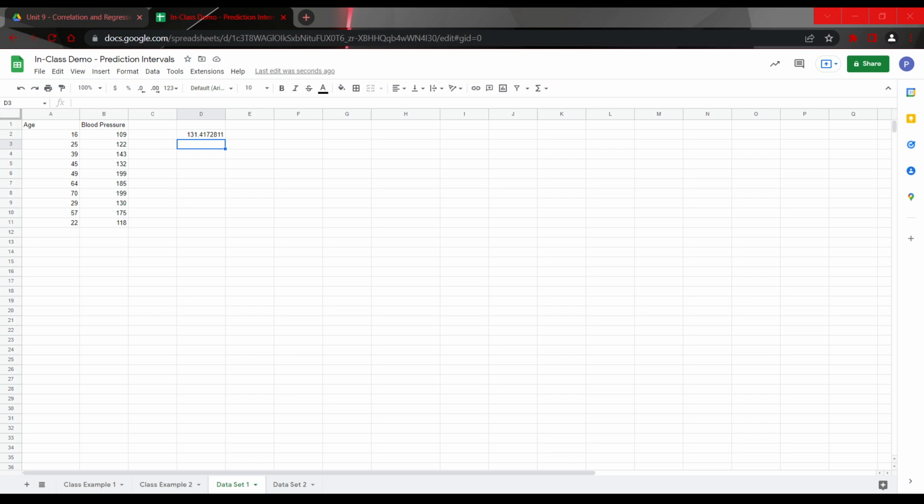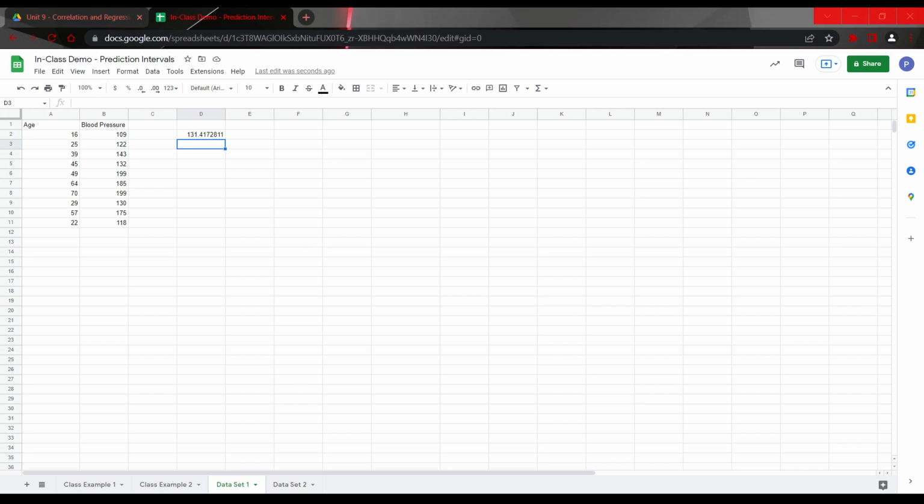And so in order for us to be more accurate with our predictions, we are going to be moving away from just predicting one point and giving a prediction interval, which means that we are going to be predicting that someone who is age 30, their blood pressure will be between some two numbers.